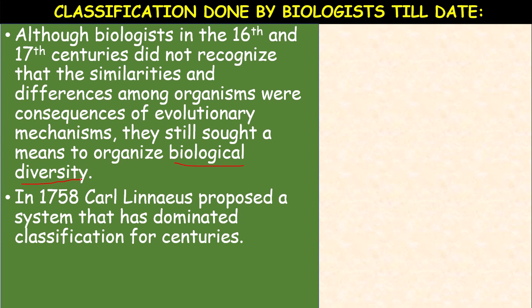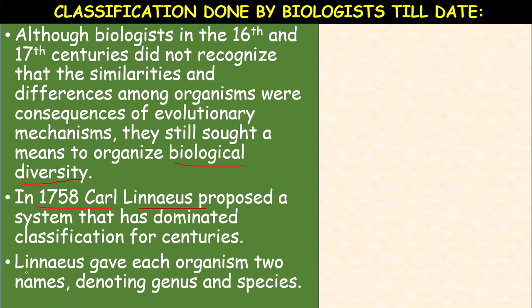In 1758, Carl Linnaeus, the famous person called the father of taxonomy, proposed a system that has dominated classification for centuries.